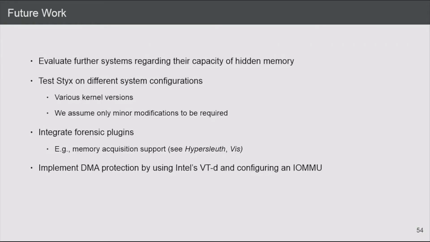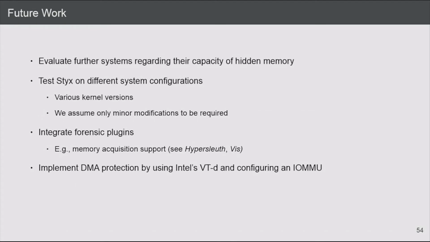In the future, we want to evaluate further systems, especially regarding the capacity of available hidden memory. We want to test Styx on further system configurations, which includes various kernel versions, but we highly assume that only minor modifications would be required to make it work on the latest kernels.